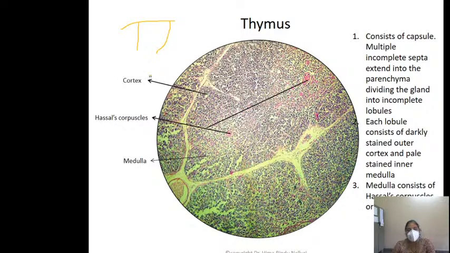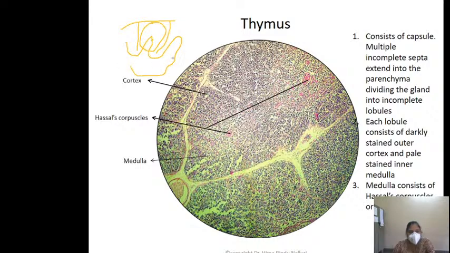Another thing you should remember for the thymus is the cortex and medulla. This is one lobule of the thymus. The outer part of this lobule is called the cortex, and the central portion is called the medulla. This medulla will extend into each of the lobules.